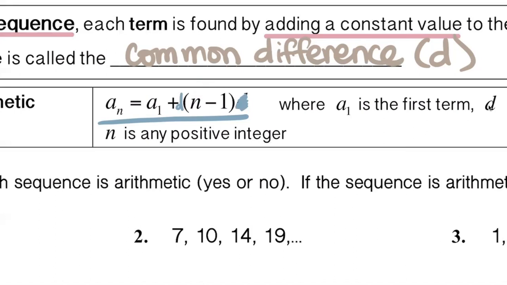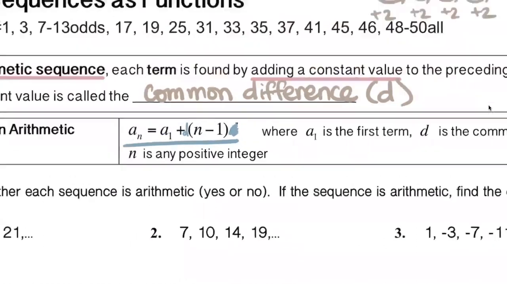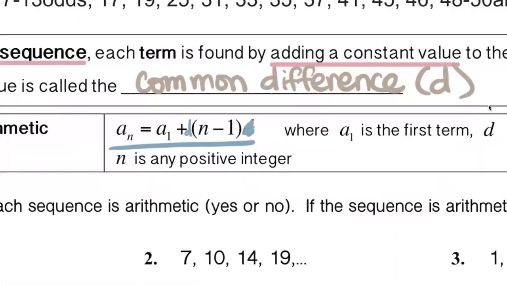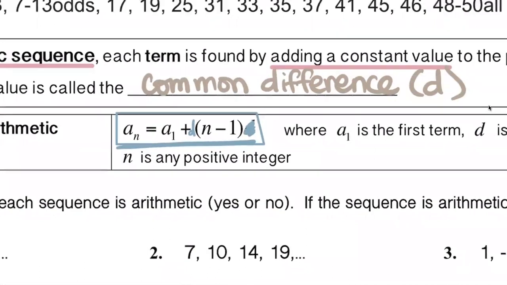So if I wanted the 100th term in this arithmetic sequence, I would plug in 2 because that's my first term, I would plug in 2 for the common difference, and I would plug in 100 for that N. That is the formula for the 100th term.